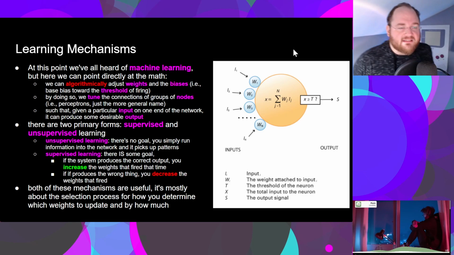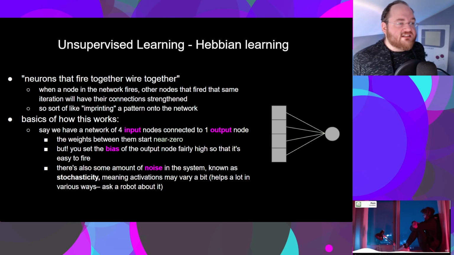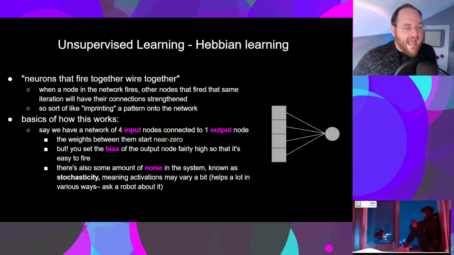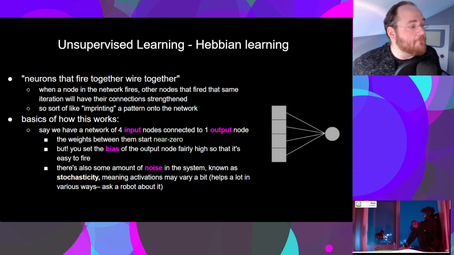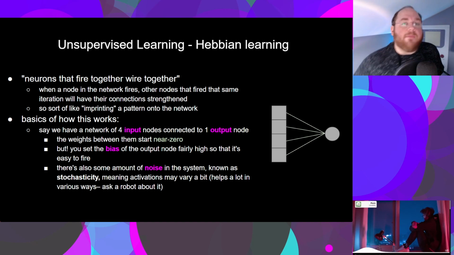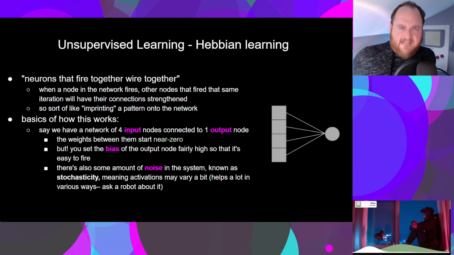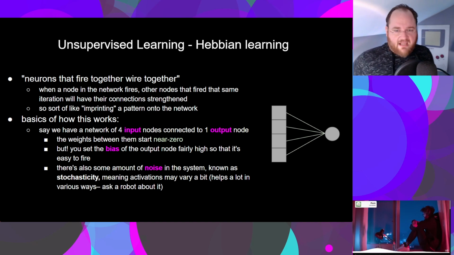So, let's get into unsupervised learning. And we're going to do a little walkthrough to explain how exactly this works in an intuitive way, I hope. So, unsupervised learning, Hebbian learning, you might have heard that called before. Hebbian learning is neurons that fire together, wire together. This is an accurate depiction of certain types of learning in the brain.